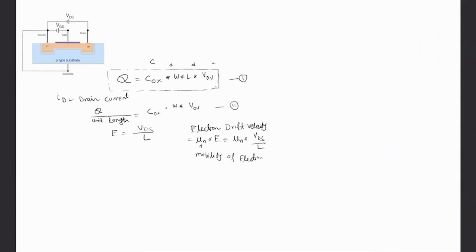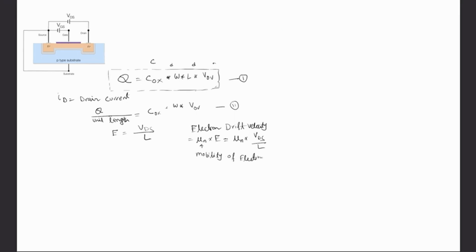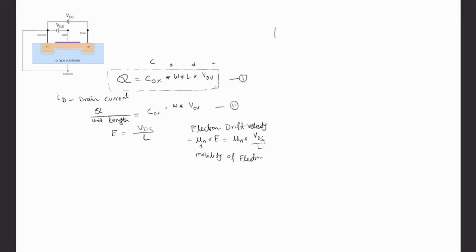So here we have the electron drift velocity, and we have the charge per unit length, right? So the current ID is equal to charge per unit length multiplied by drift velocity.